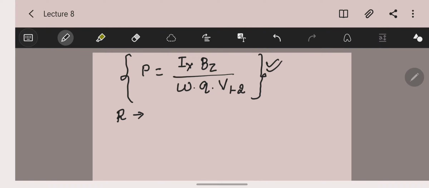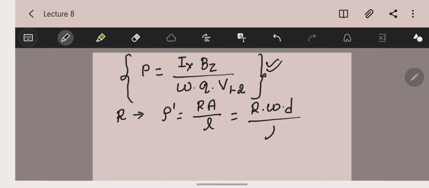The resistivity of that specimen of the semiconductor material is rho dash, and that can be written as R A divided by L. Here R into A, the cross sectional area, is W into D, divided by L. This is the resistivity.